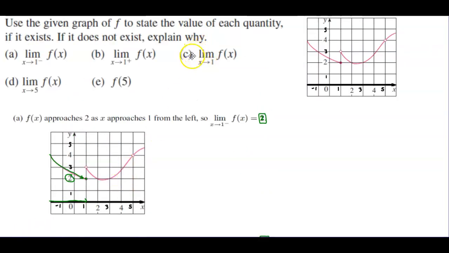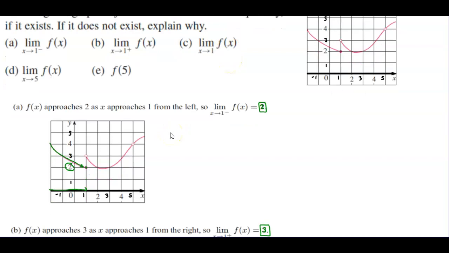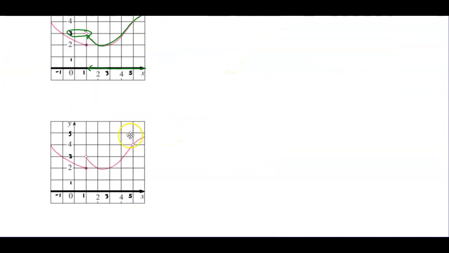Okay, now let's take a look at part C. It says the limit as x approaches 1 of f of x. So, we want to find out, okay, well, as x is approaching 1 from the left, the function is approaching 2.